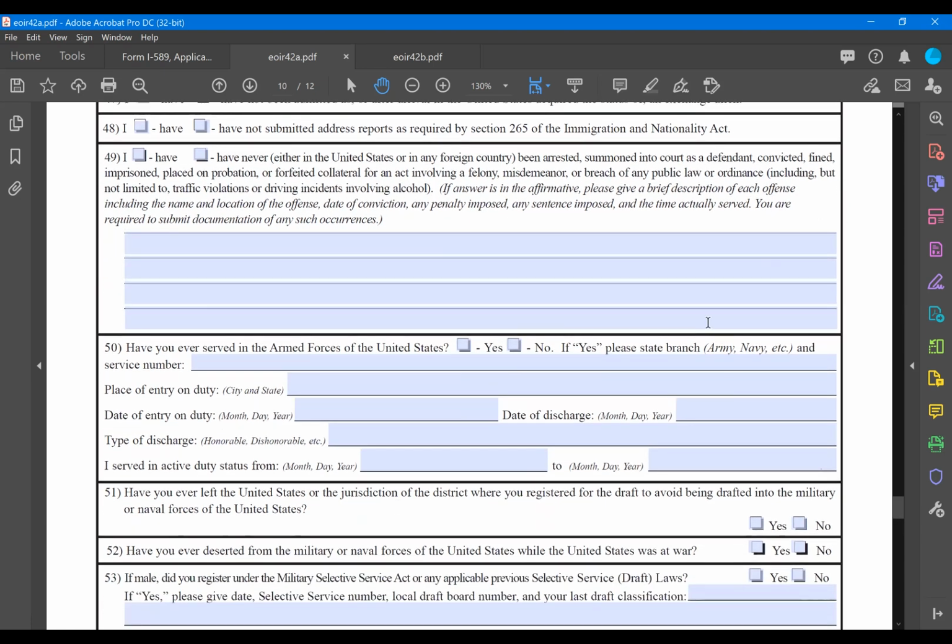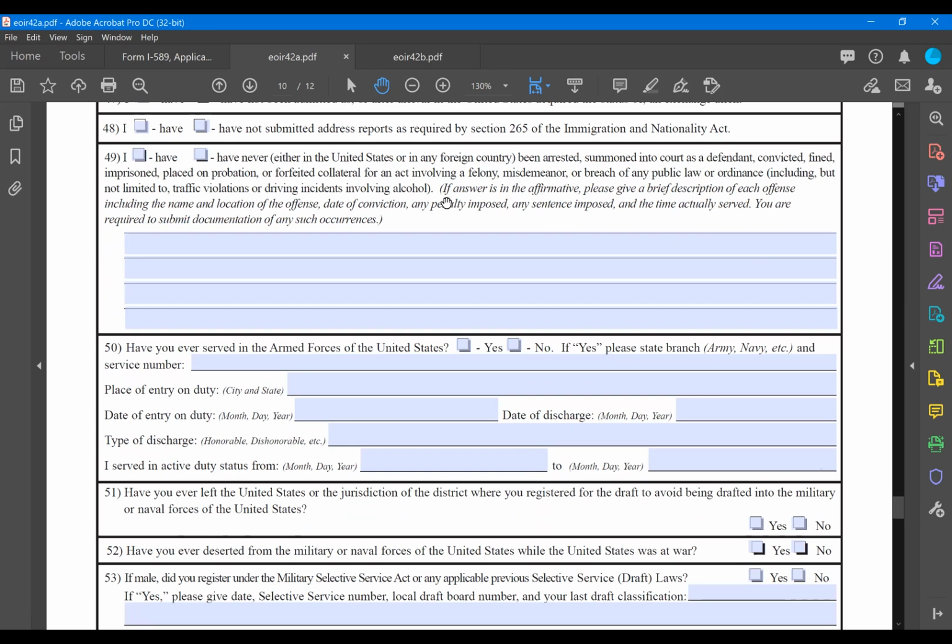This is a broad question about criminal history. Whether the person has or has never in any country, the United States or any foreign country, been arrested, summoned into court, convicted, fined, imprisoned, placed on probation. So this is a really broad question.